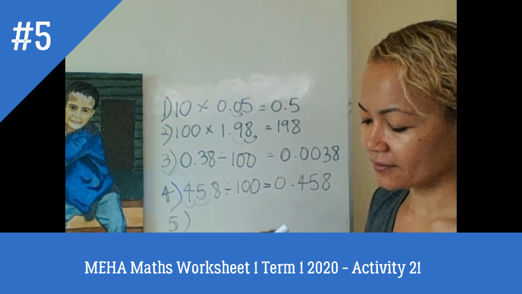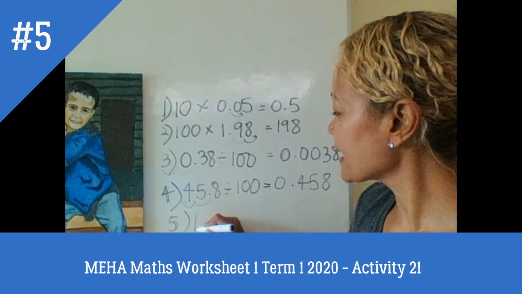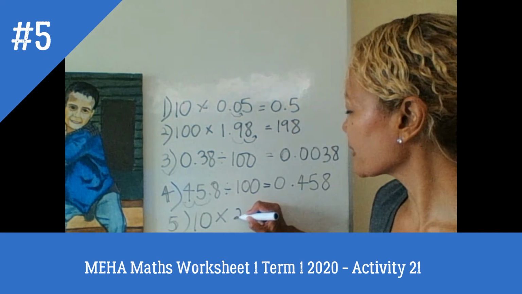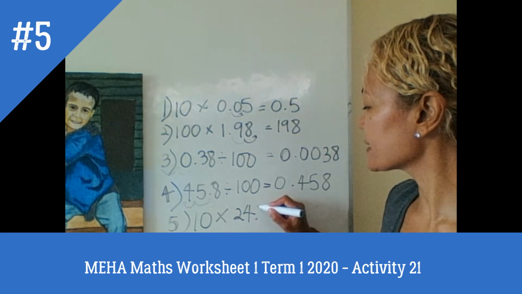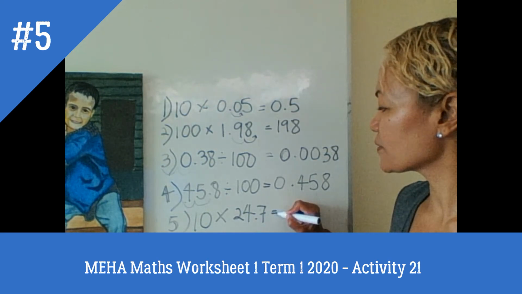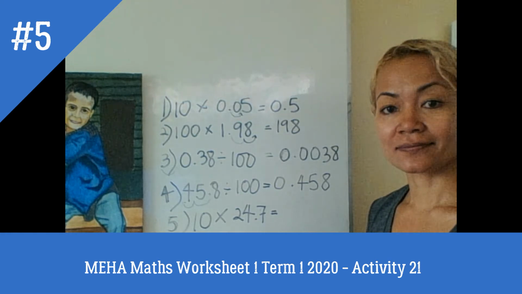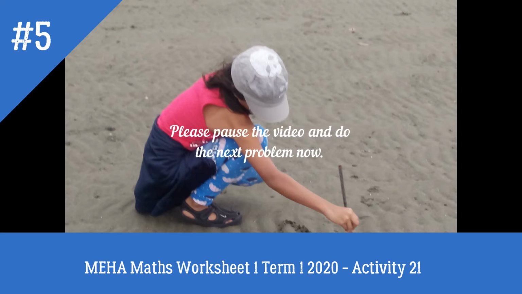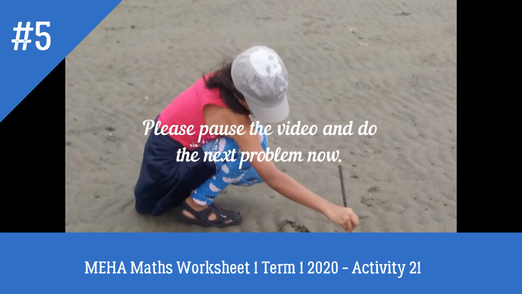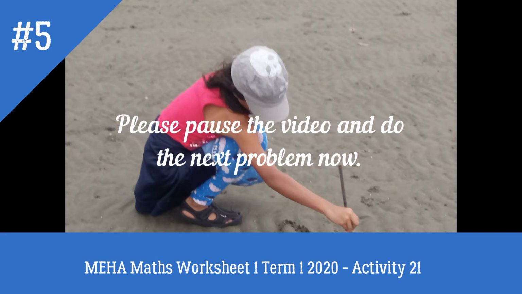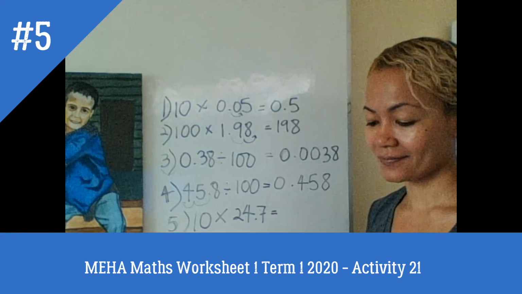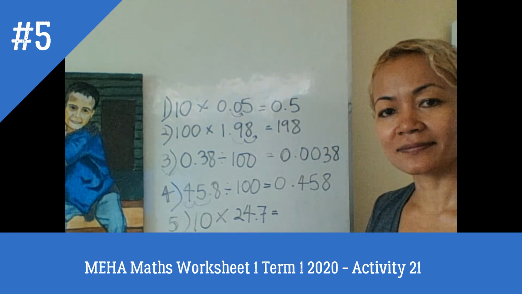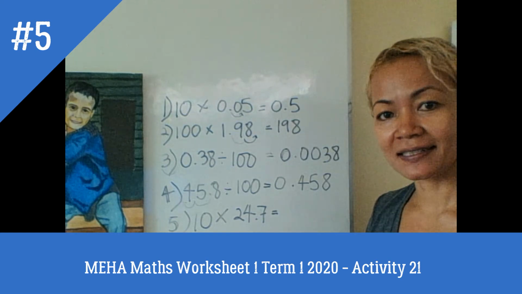Number 5, 10 times 24.7 is equal to. You answered it?